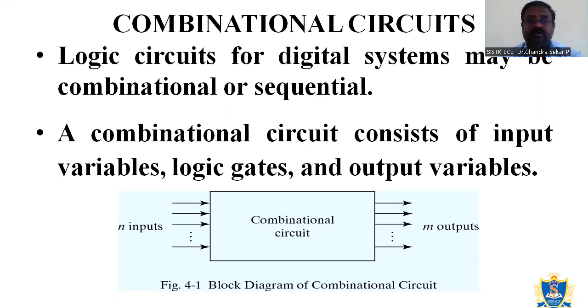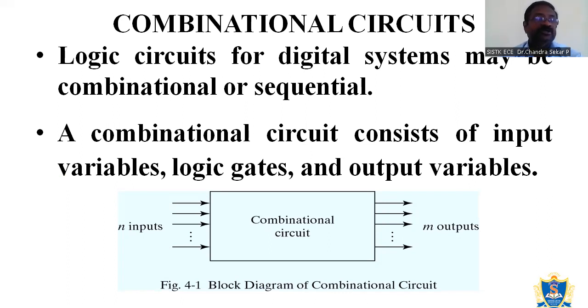In the combinational circuit, the output produced depends upon the present input, whereas in the sequential circuit, the output depends upon the present input as well as the past output.